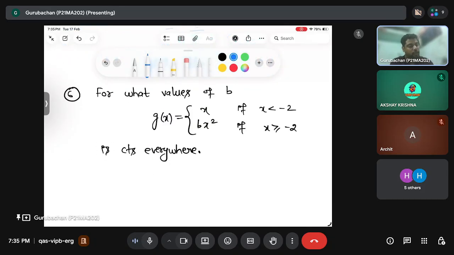For what values of b will this function be continuous everywhere?